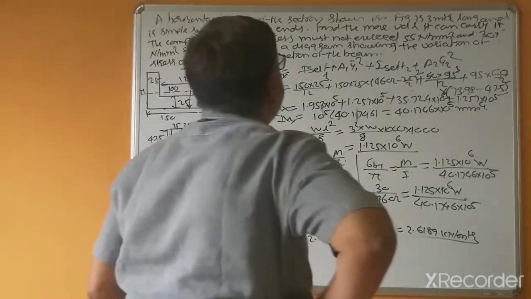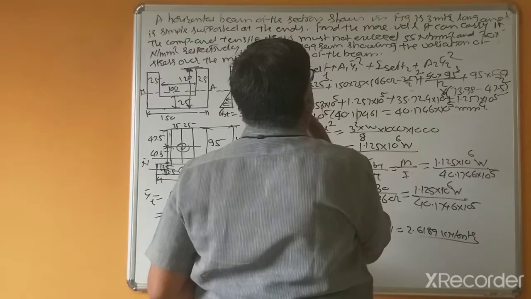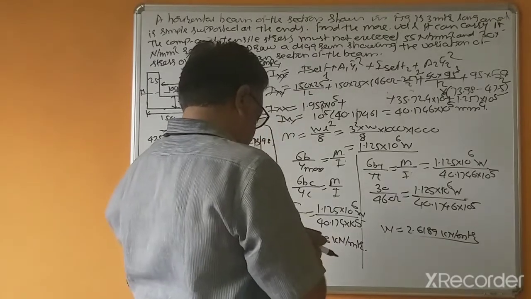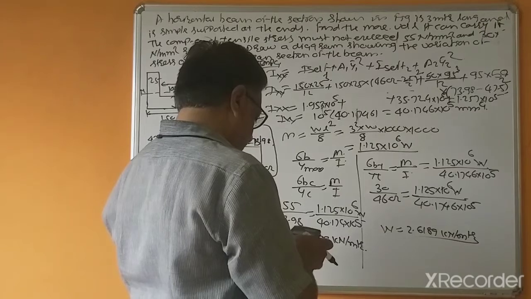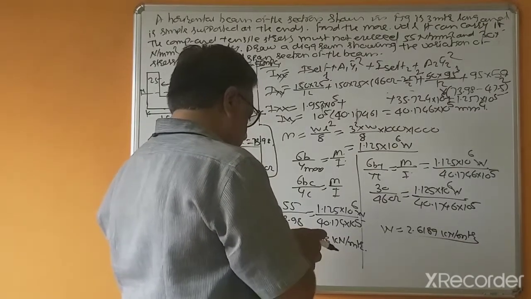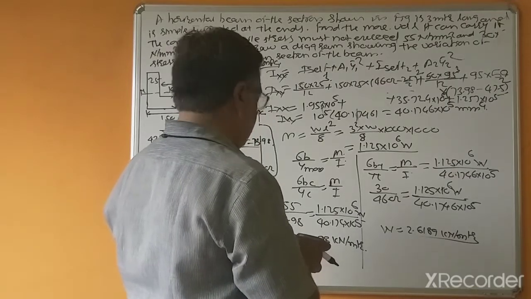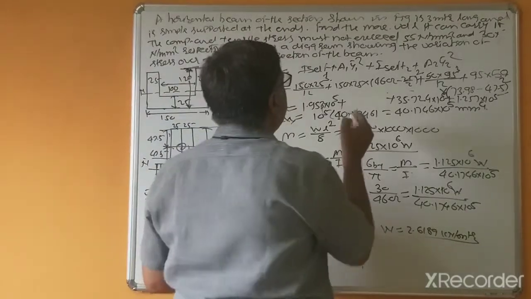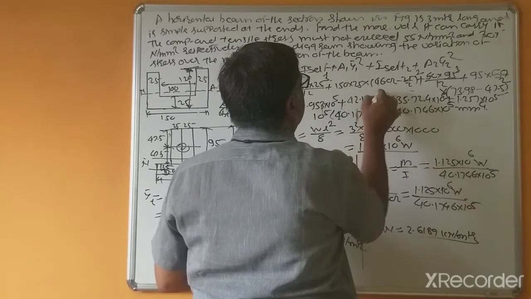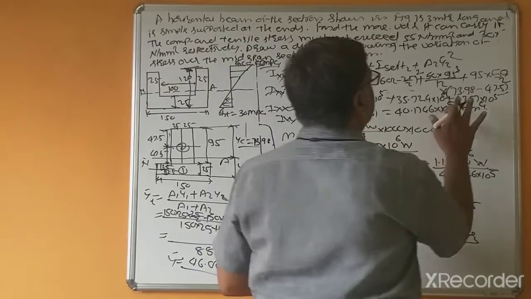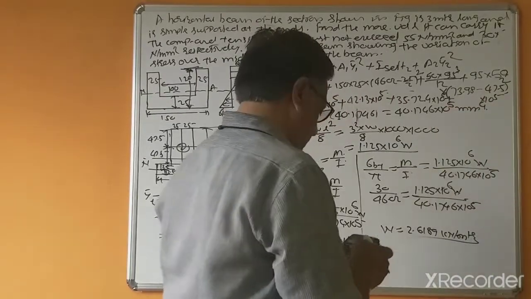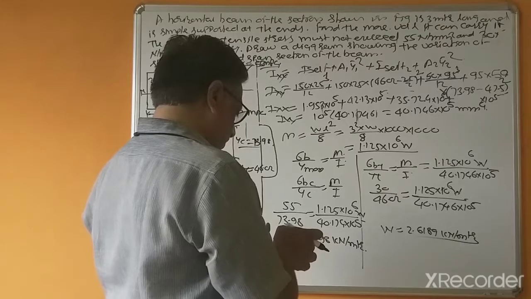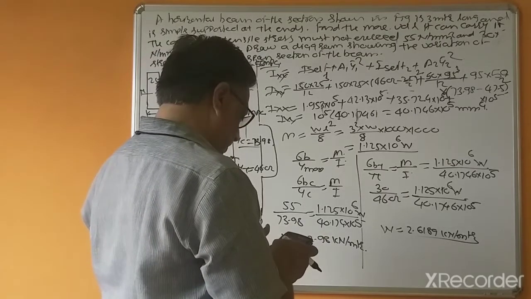So that's why this answer changes slightly, because this term 46.02 square multiplied by 42.13 into 10 to the power 5, and this is 73.98 minus 47.5 square multiplied by 95.